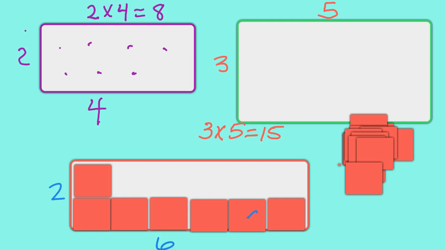So our number sentence would look like this. 2 groups of 6 equals what number? Get ready. Yes, 12. So the area of the third rectangle is 12. Because we know we could place 12 tiles in that rectangle. Let's count. 1, 2, 3, 4, 5, 6, 7, 8, 9, 10, 11, 12.